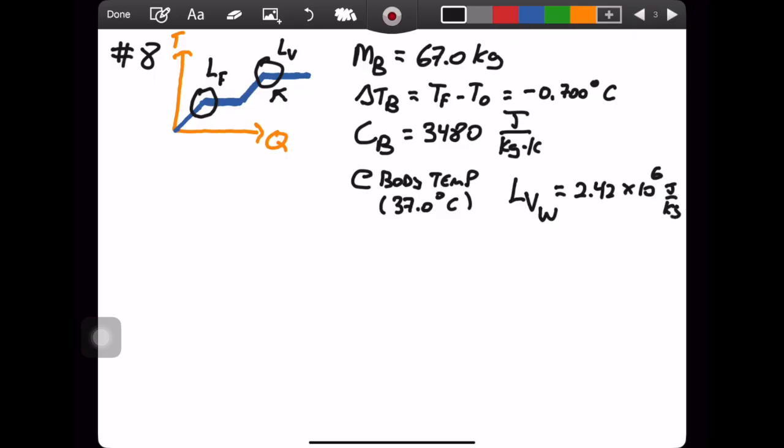Okay, so now let's think of our system as the body and the surrounding air. If perspiration evaporates from the body into the surrounding air, and we think of the body and the air as our system, then we have what's called an adiabatic condition, where the total change in heat is going to be zero.